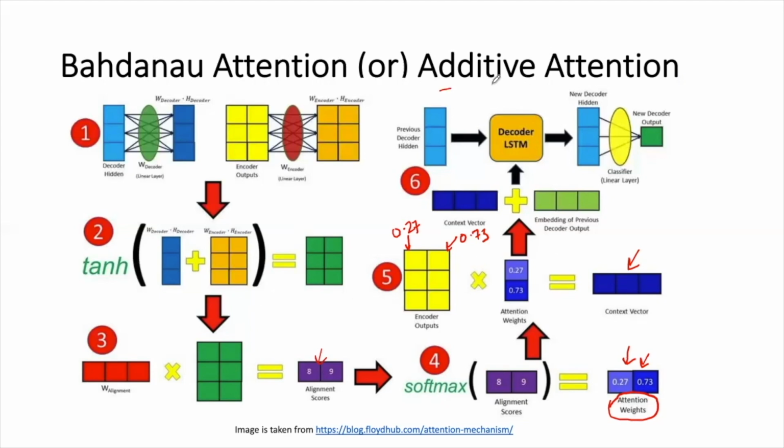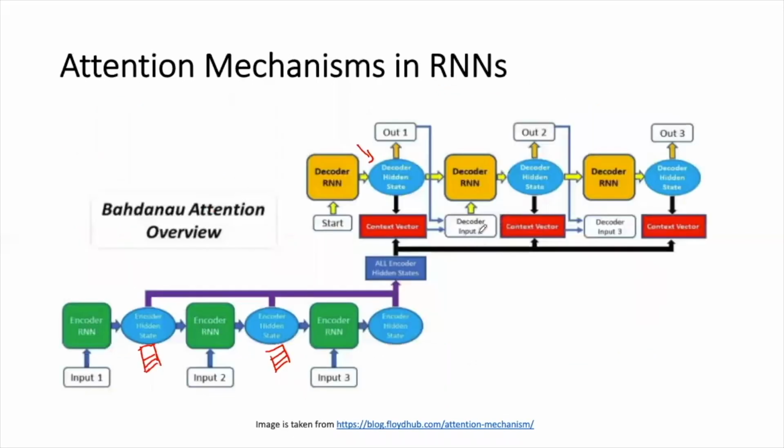Once we have this context vector, we add it onto the embedding. If we look at sequence to sequence models, we don't have this context vector. We just pass on the vector representation of the previous word as an input to the next timestep.